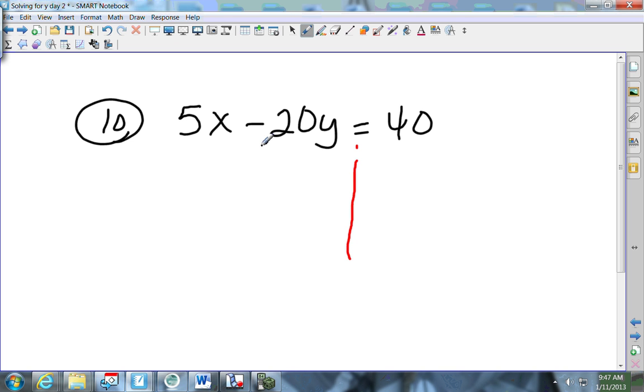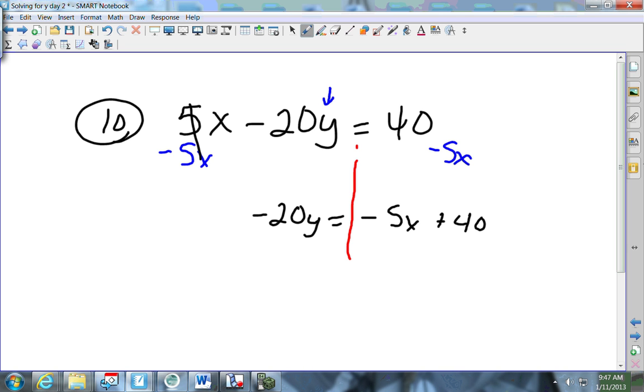Okay, on this one, here's my y. Move the 5x, so I'm going to subtract 5x from each side. I get negative 20y equals negative 5x plus 40. Divide by negative 20.